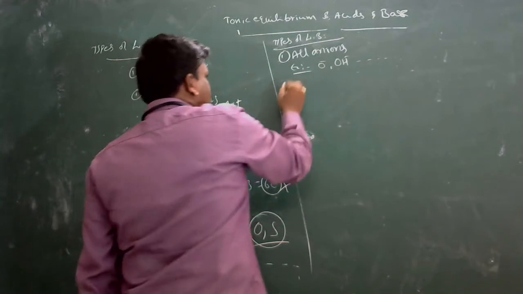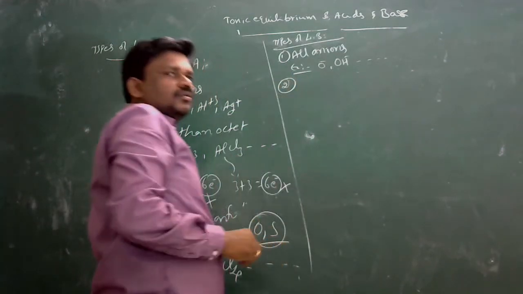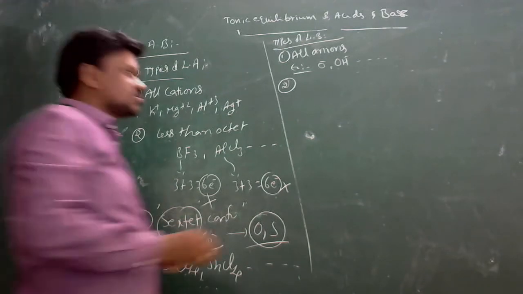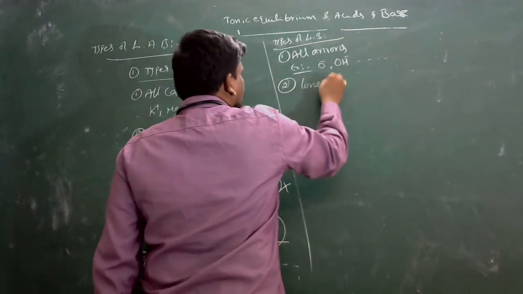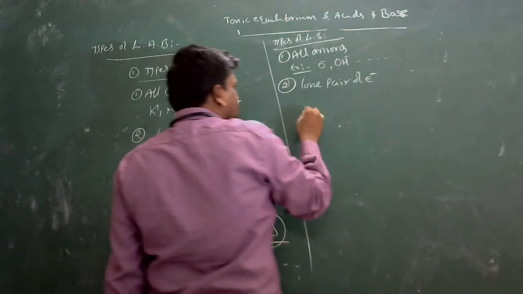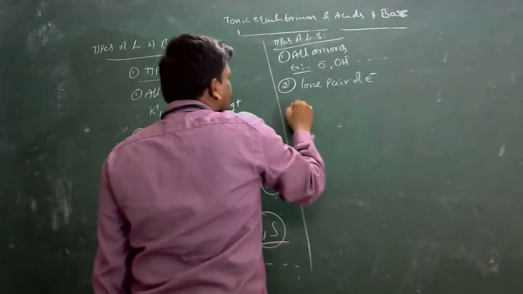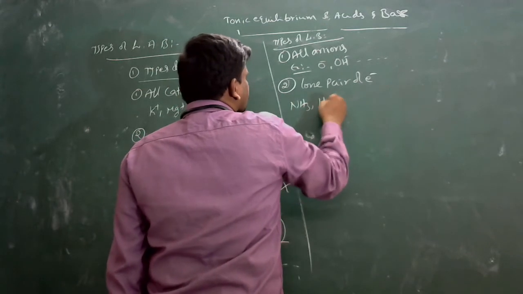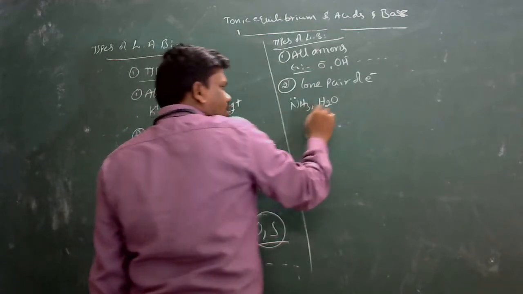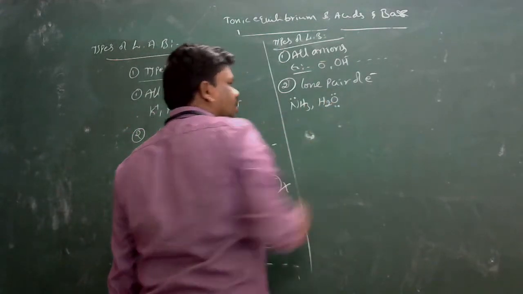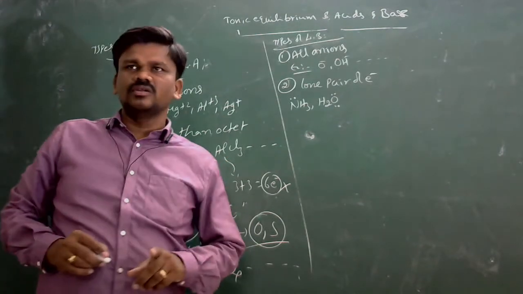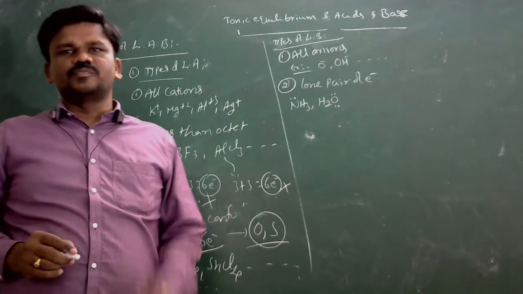Another is molecules having a lone pair of electrons, that means NH3, H2O. NH3 contains one lone pair of electrons, H2O contains two lone pairs. If at least one lone pair of electrons is present in a given molecule, then it acts as a Lewis base.